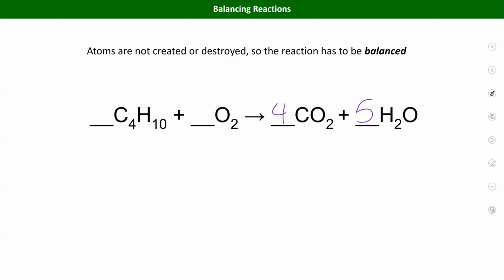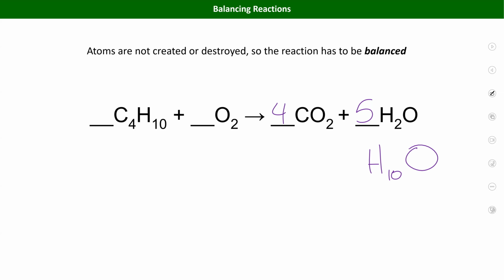I can't just say, oh, I'm going to make H10O. That's not water anymore, right? We can't change the subscripts because that changes what our chemical is.